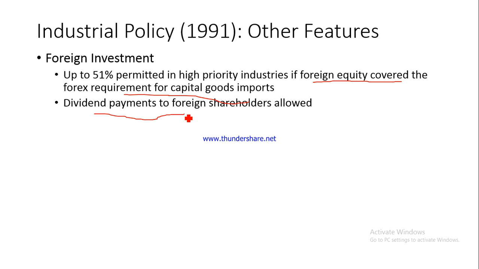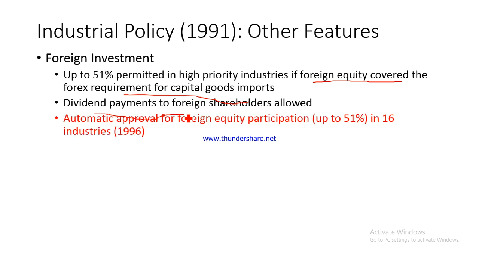So all those foreign shareholders who are owning some portion of the shares of the company, they could now be paid dividends. So this again was some kind of a relaxation.